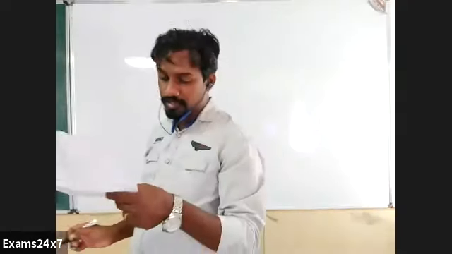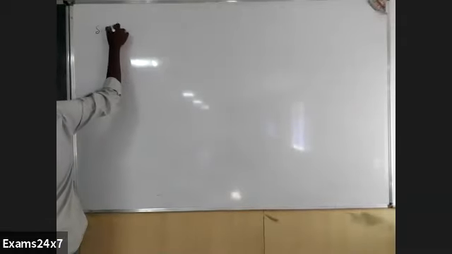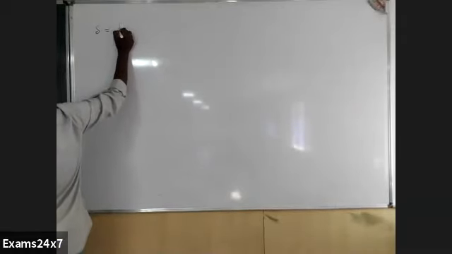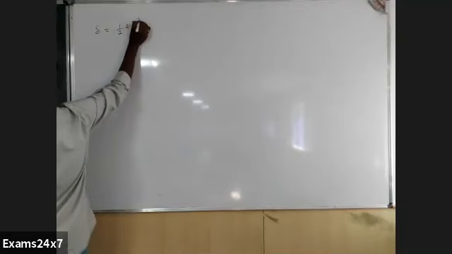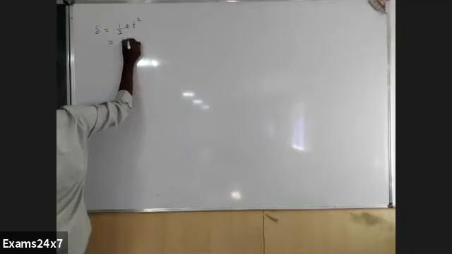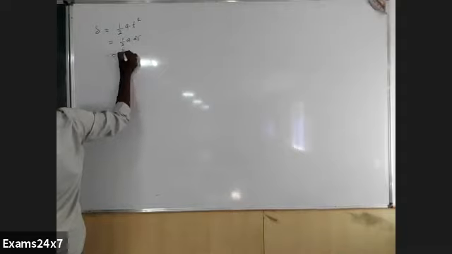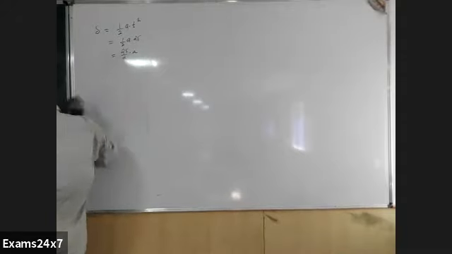Seventh question you can do. A body starting from rest with constant acceleration, the ratio of distance covered by the body during 5th second to that covered in 5 seconds. Distance covered in 5 seconds, starting from rest, is half a t square, that is half into 25, 25 by 2 into a.